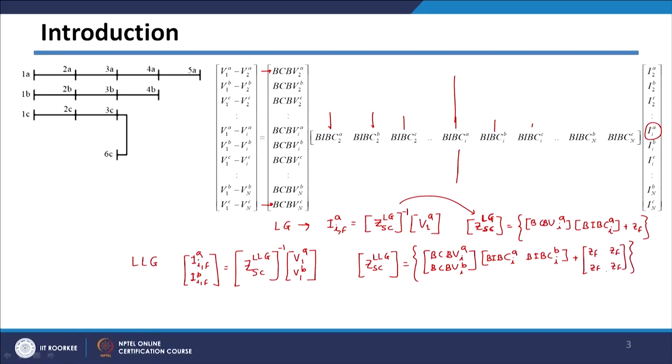So it was actually the impedance matrix for LLG fault.